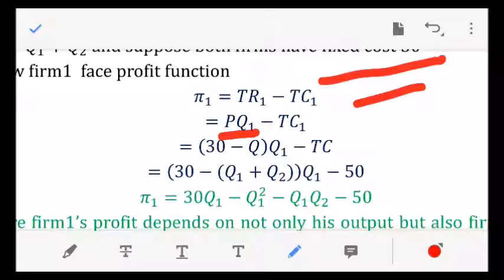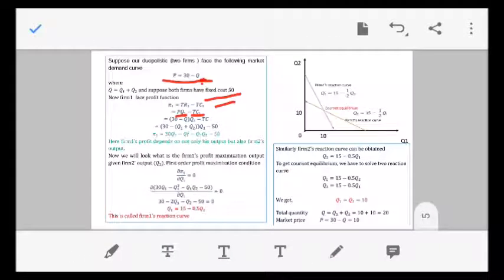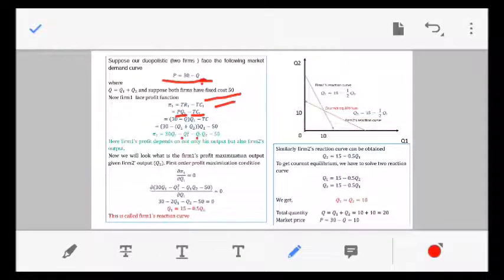Then total cost. We know the market demand function is P equal to 30 minus Q, so putting that in with Q1 and minus TC, where TC is 50, pi 1, the profit of farm 1, equals 30 Q1 minus Q1 square minus Q1 into Q2 minus 50.